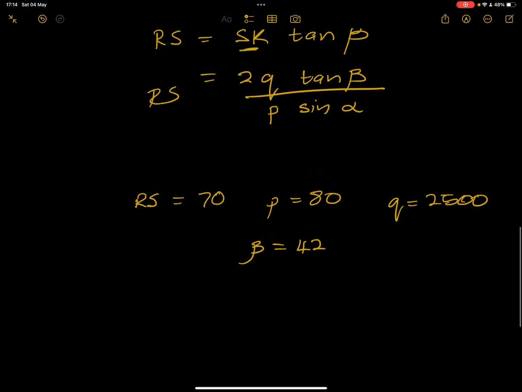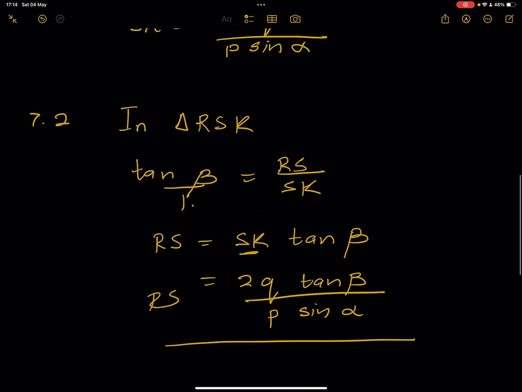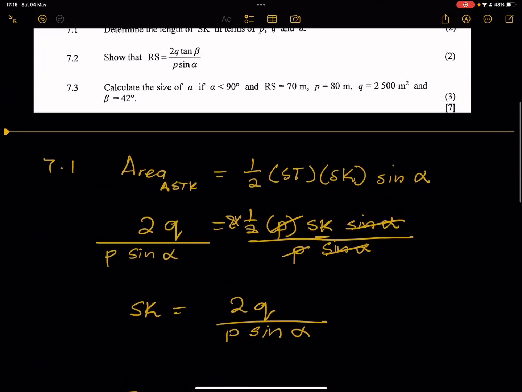So I'm going to substitute into that formula there. So they've given us the side RS, so that's 7.3, right?